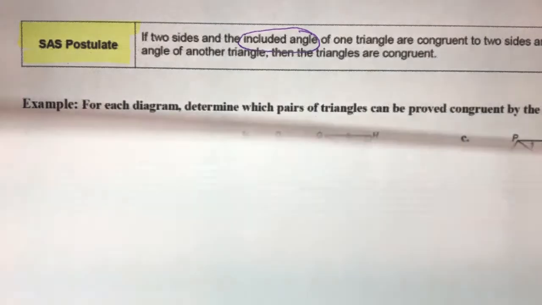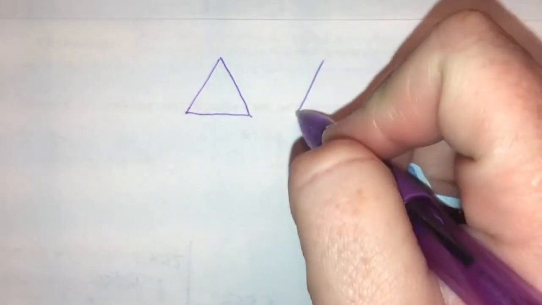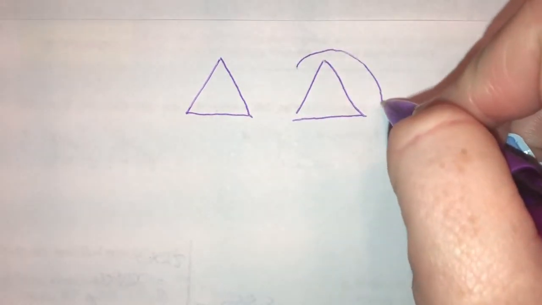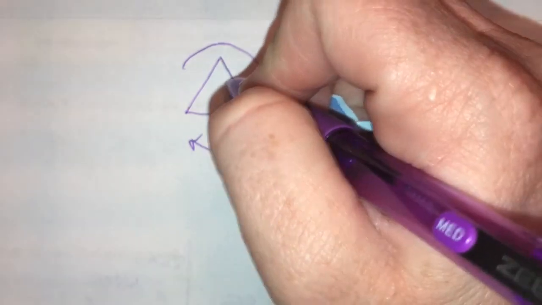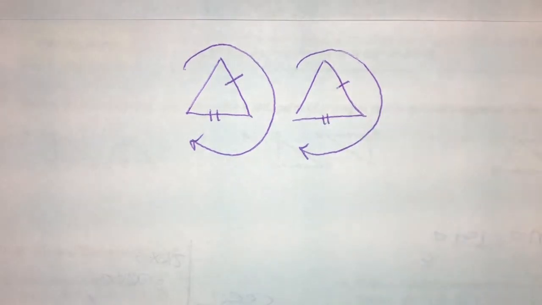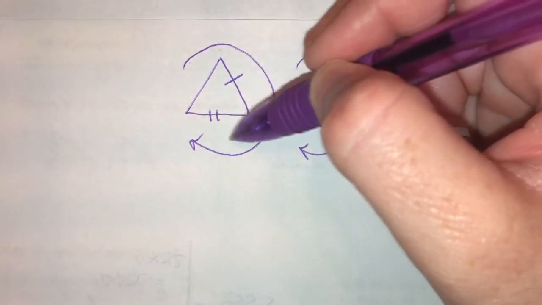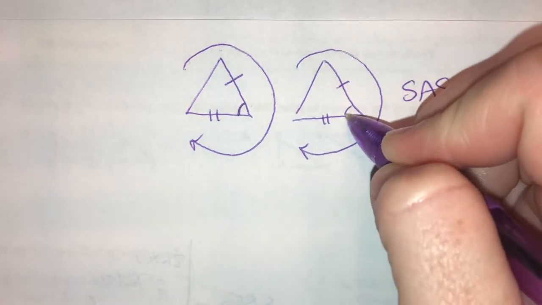I'm going to draw a little picture on the back here. Whenever we're talking about side, angle, side, if we've got 2 triangles, when we name sides and angles, we just read them in order as we go around a triangle in a circle, right? So if this side is marked congruent to this side, and this side is marked congruent to this side, and we're using SAS, well, if I'm reading this around, I got a side and then another side, the angle in between them has to be congruent as well.